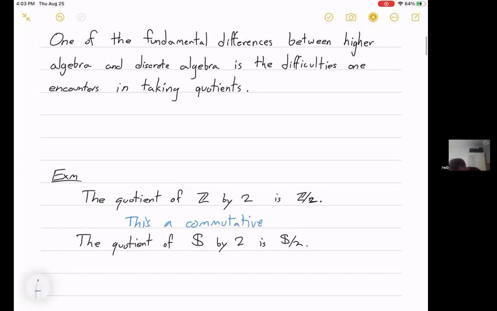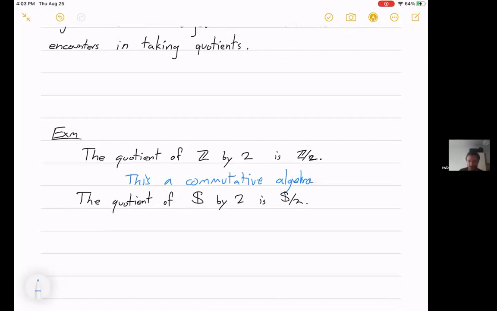And somehow that's what we learn about first, and so we never consider the possibility of difficulties until we come to things like the sphere spectrum, and we can try and take the quotient of the sphere spectrum by 2. And what we find is that this does not admit any unital multiplication.